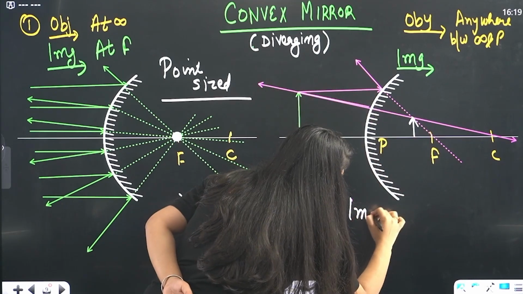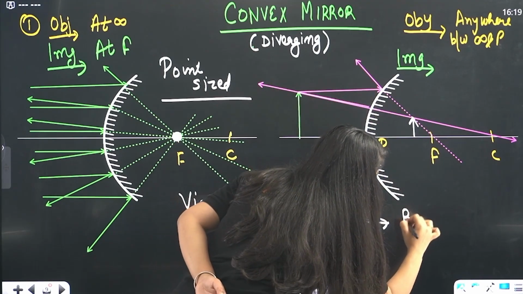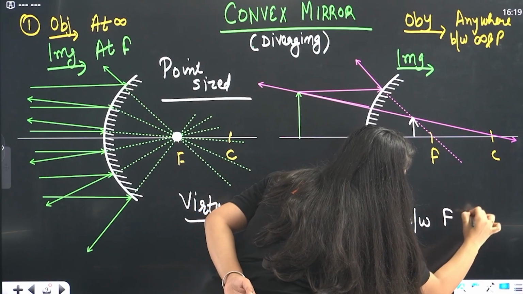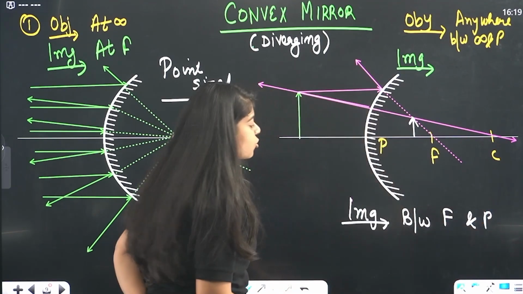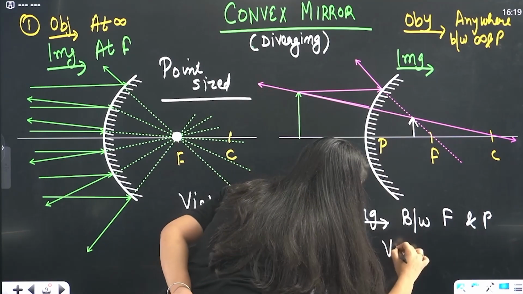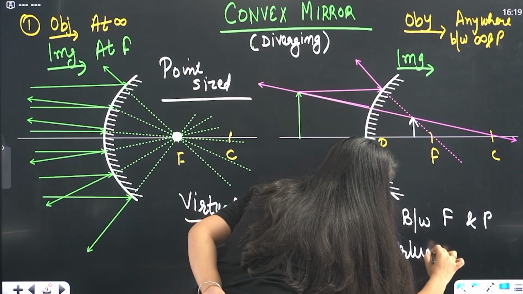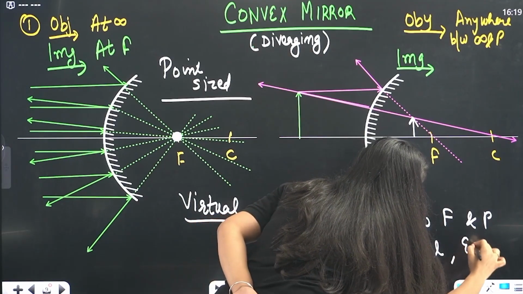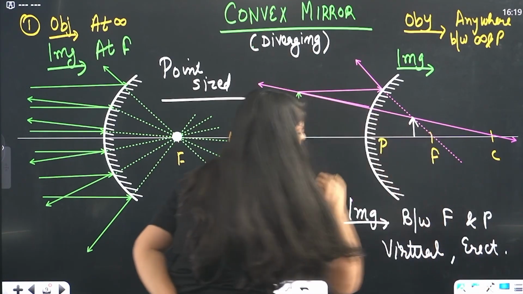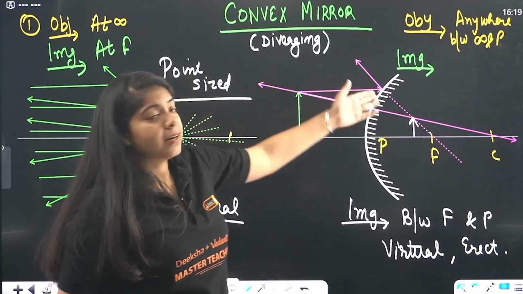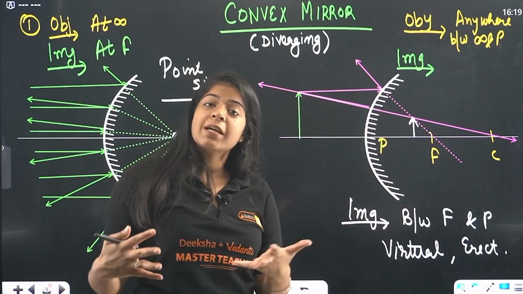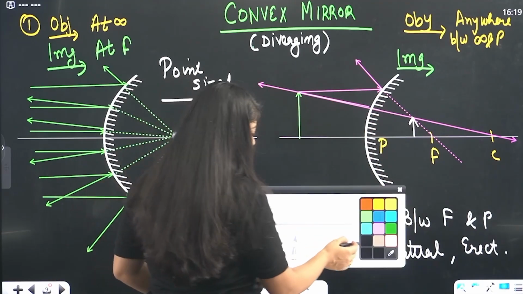So beta, image is where? Image is between focus and pole. Understood? And the image is virtual and erect, because it is upright, and real rays are not meeting, virtual rays are meeting. This is also beta a virtual ray.